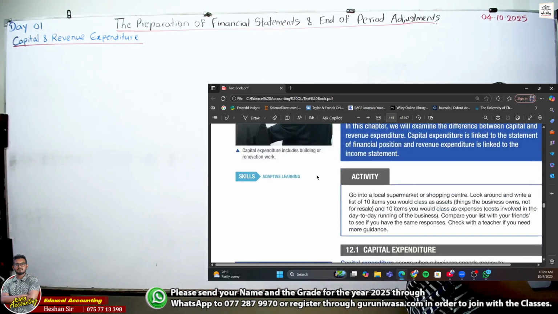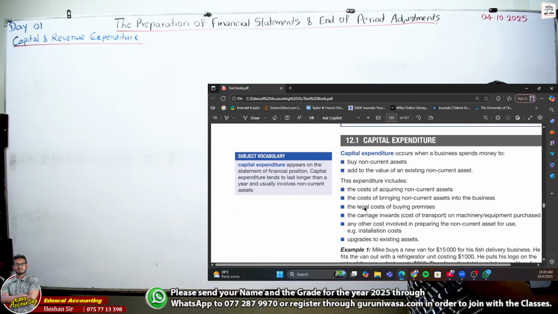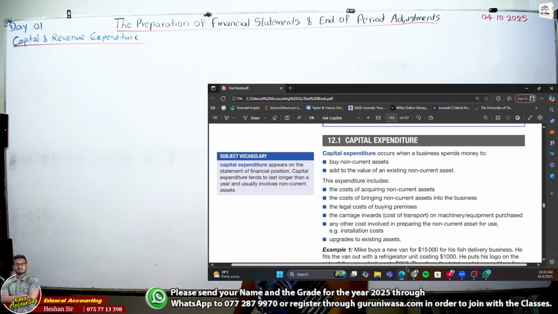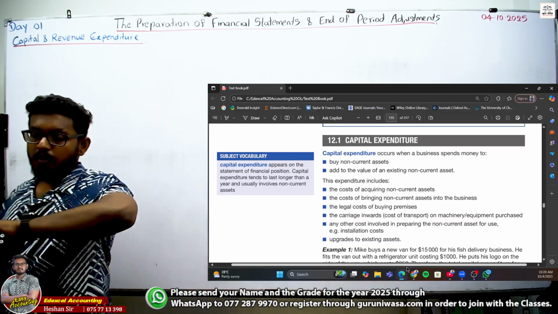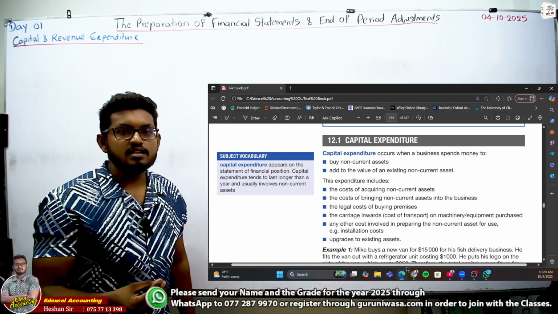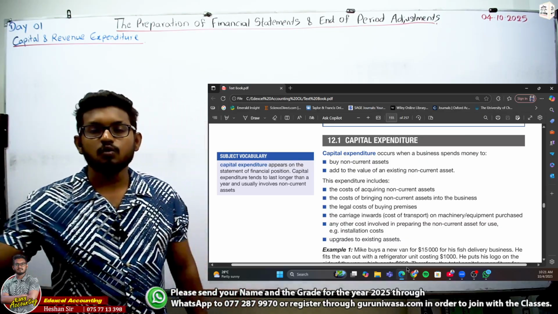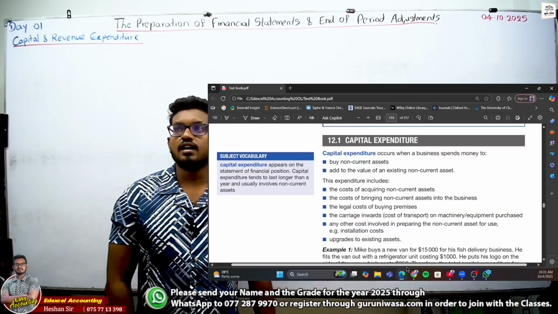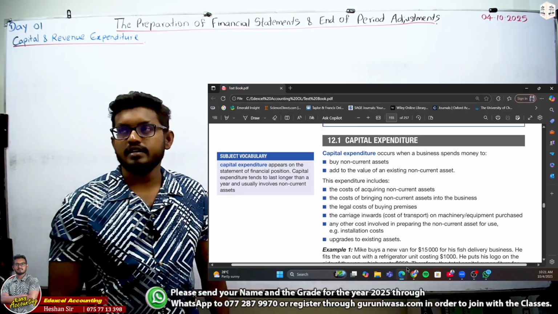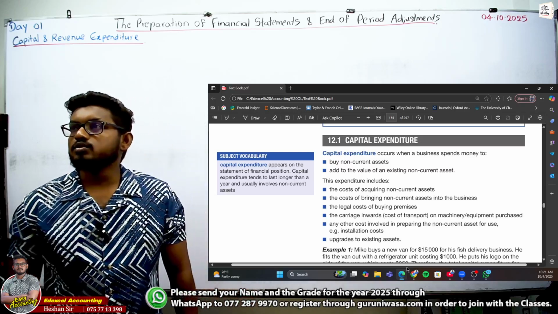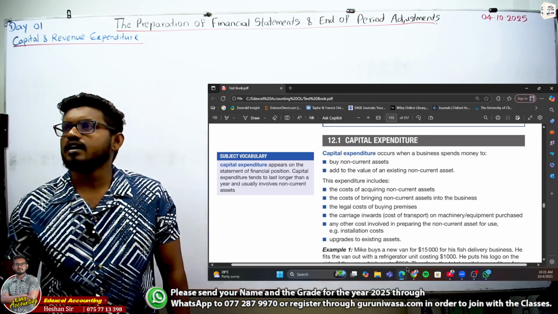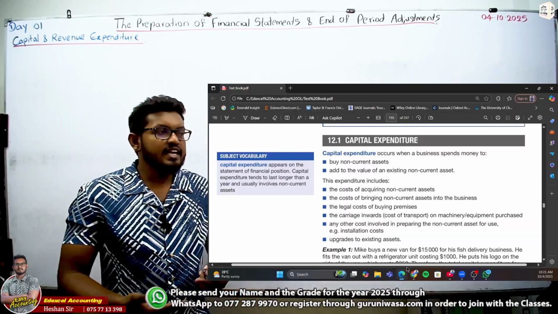Capital expenditure occurs when a business spends money to buy non-current assets. Non-current assets are assets which we expect to use for more than 12 months, a longer period of time. When we purchase a non-current asset, it's a capital expenditure added to the value of existing non-current assets. Adding to the value means we are enhancing the value.